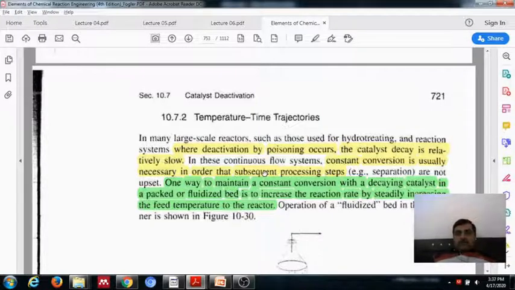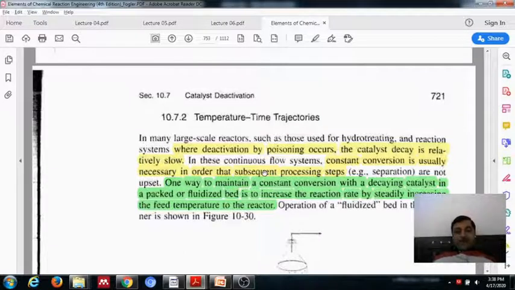Our understanding of reaction kinetics says that if you increase the temperature, the rate of reaction increases. Right? If the rate of reaction increases, your rate of decay is also increased.